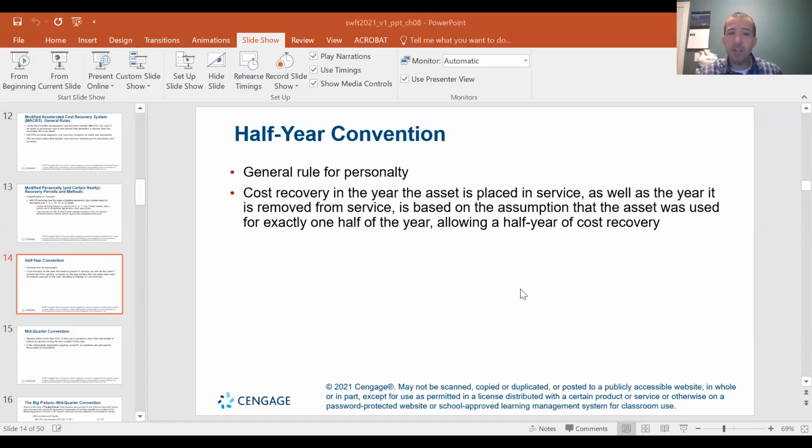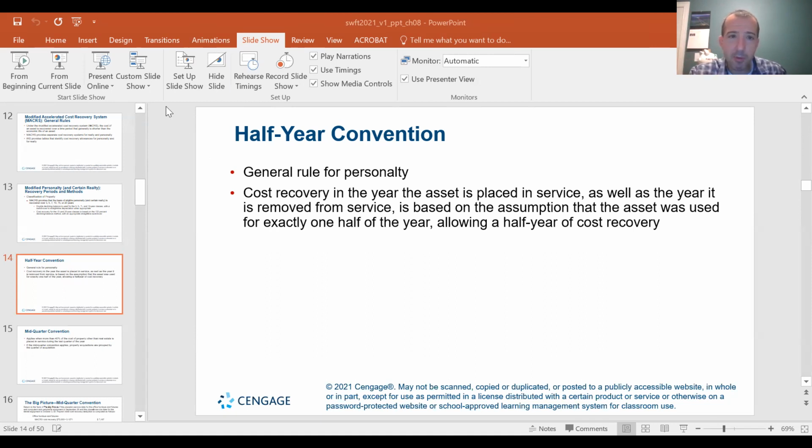The half-year convention is used for personal property, which is anything that's not real estate, right? So for personal property, we use the half-year convention. The asset will be in place for half a year. For us, the important piece to know is that we just got to look for the half-year convention.